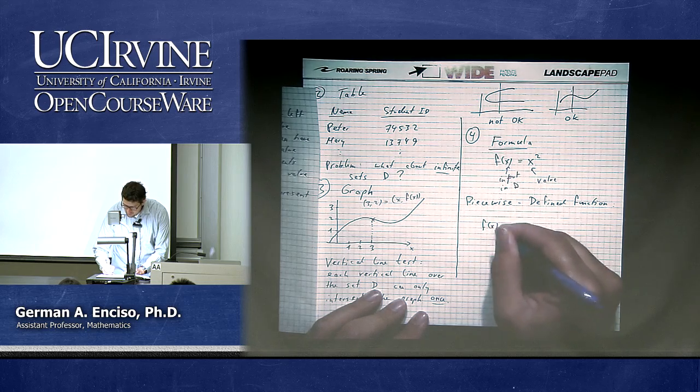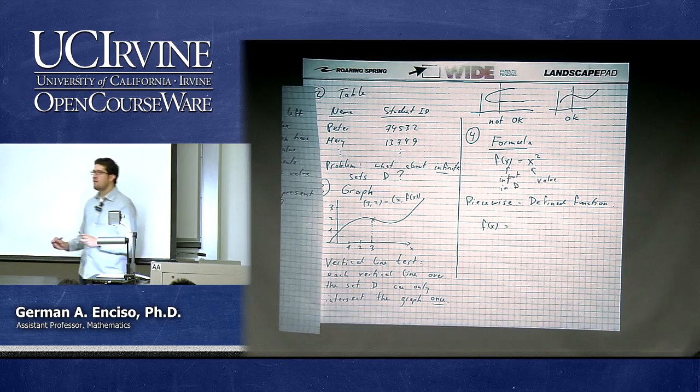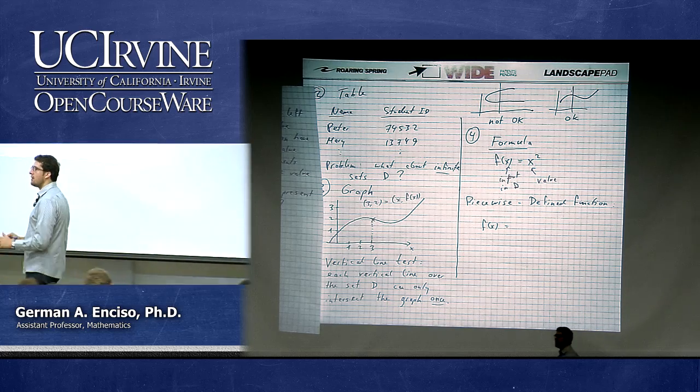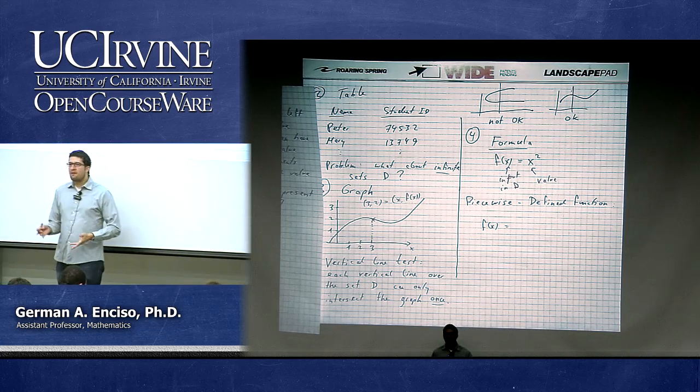Sometimes you almost have a formula, but you don't quite. How come you almost have a formula, but not quite?